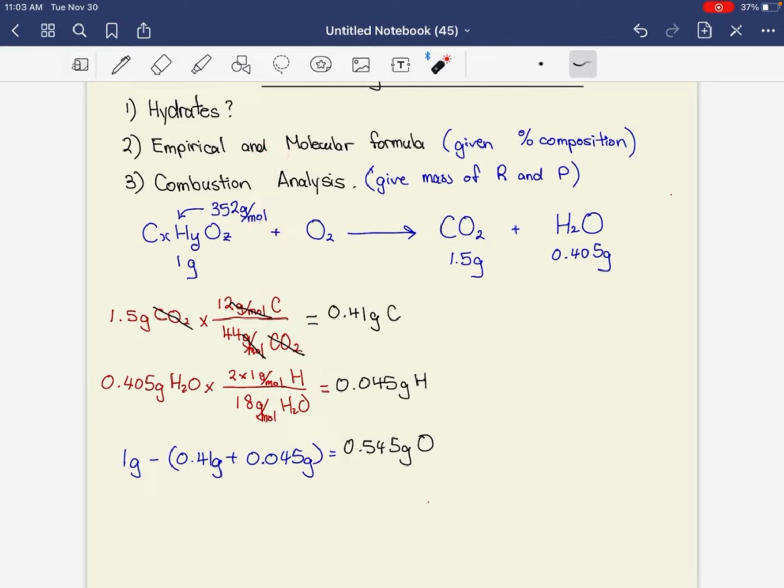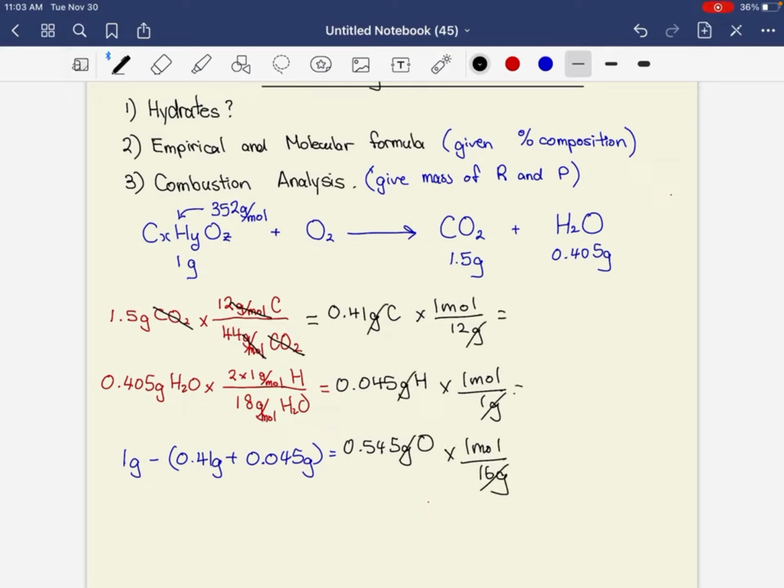It's just that the last time we looked at percent, but we turned those percent into mass anyways. So here we are directly given mass of C, mass of H, and mass of O. So what we need to do now is turn them all into moles by dividing carbon by 12, hydrogen by 1, and oxygen by 16.